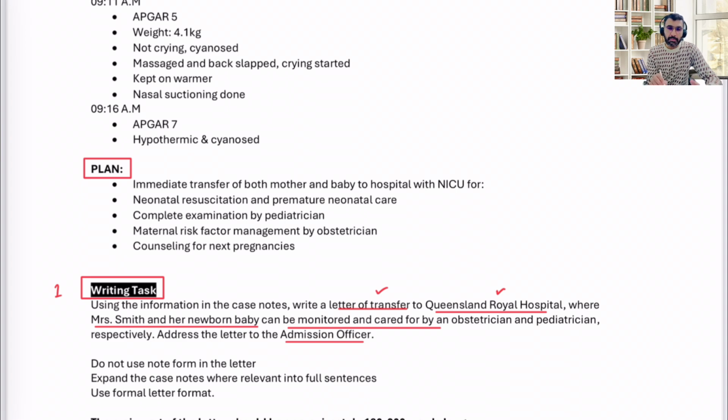By going through this plan, now we have a clear idea about our purpose, that we are transferring the mother and the baby for further care and monitoring, specifically NICU care.